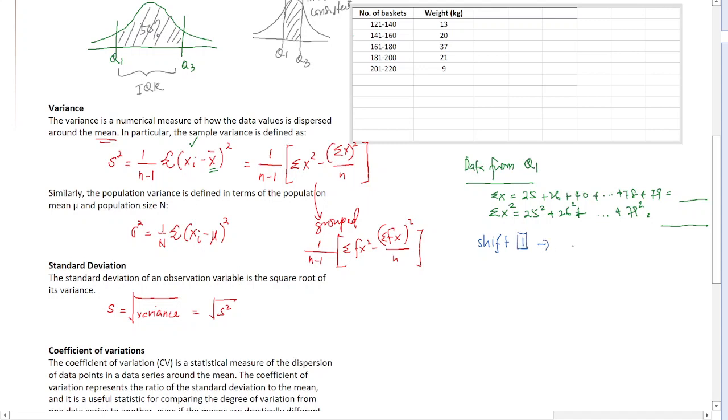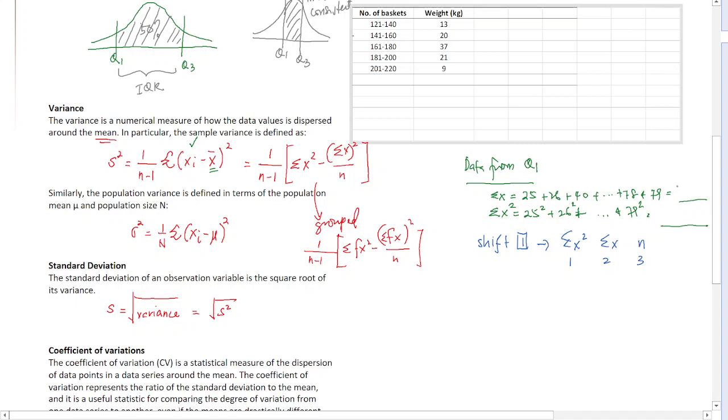It will display summation of x squared, summation of x, and then n. So 1, 2, 3. If you want the summation of x, you choose number 2 and then press the equal sign, so you get 1146.